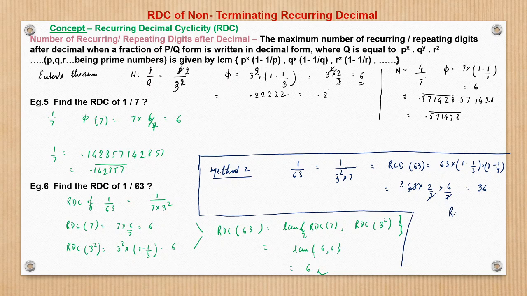So why is it different? It's not different. If we find the RDC of the number using the Chinese remainder theorem, as we know it in remainders, we break the denominator into co-prime products, find the individual RDCs and then take the LCM.